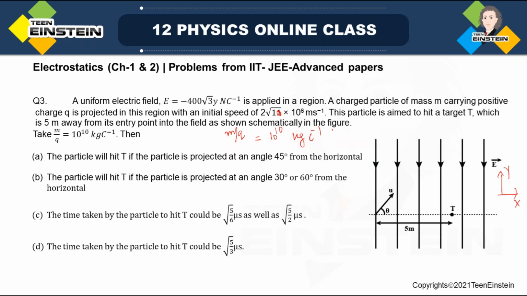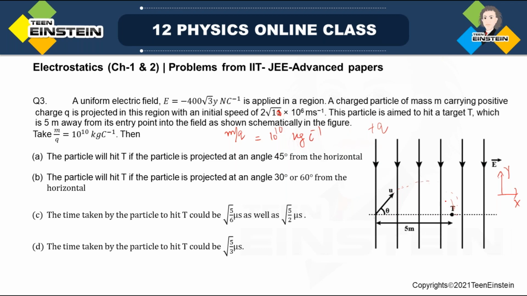Now a charged particle having positive q charge is projected from here, as you see in this region, with an initial velocity 2 root 10 into 10 to the power 6 meter per second, with some angle theta, as you see, and the aim was to hit the ground over here at T.